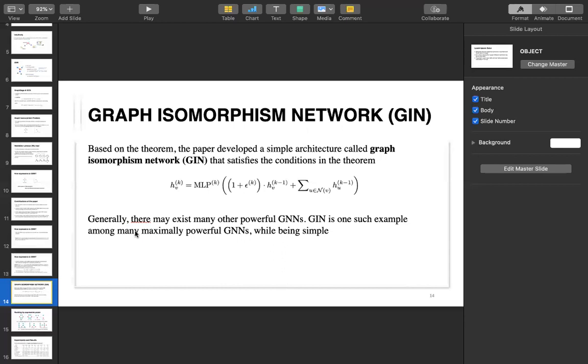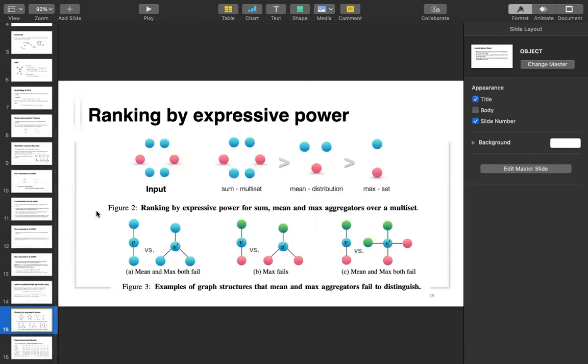And generally, there may exist many other powerful architectures, and GIN is only one such example. And here we can see some example aggregation functions. Let's see figure 2 here.